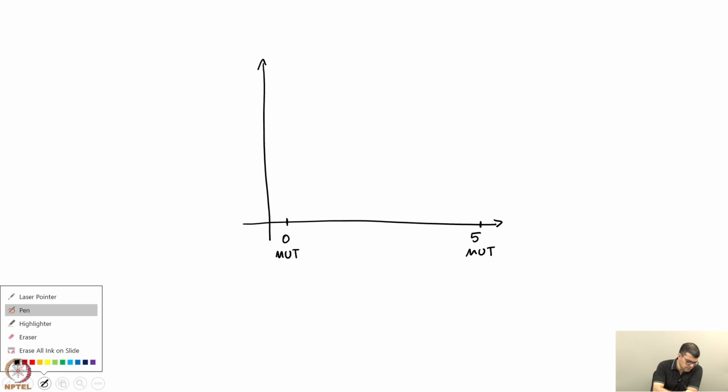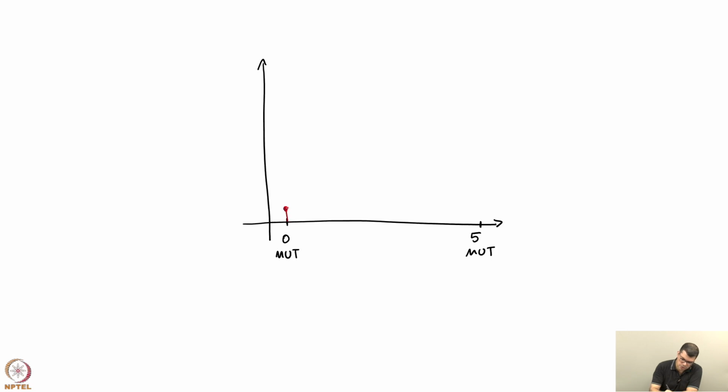In both these studies, the 0 mutation variant was low fitness, the 5 mutation variant was high fitness. Fitness was quantified differently in the two studies. In the first one it was MIC, in the second one it was growth rate.